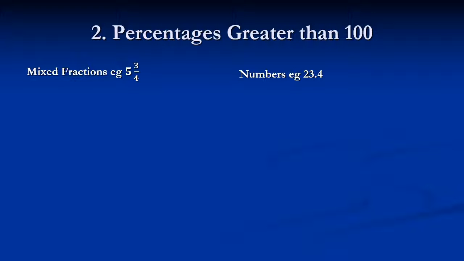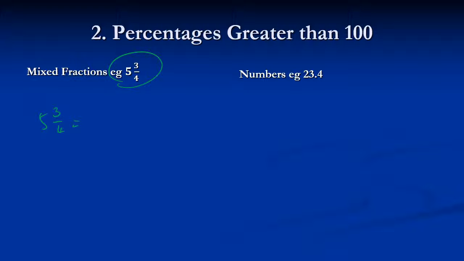If we're looking at mixed fractions, these are going to be percentages greater than 100%. So in this case, 5 3/4, we would have to think of this as, so this is what we call a mixed fraction. We have to convert to an improper fraction. So what am I saying?